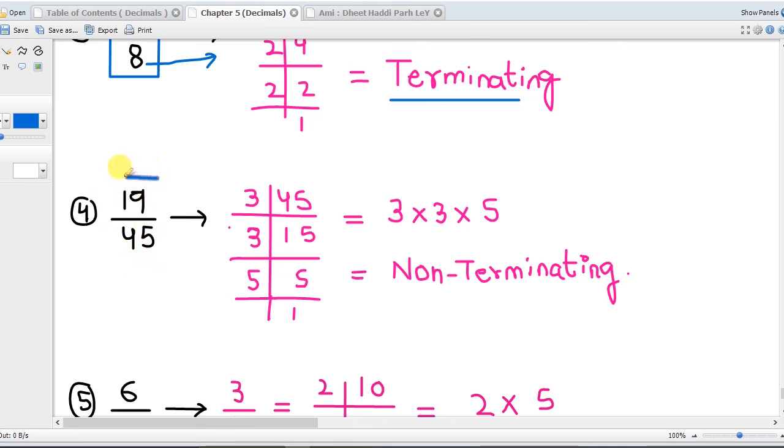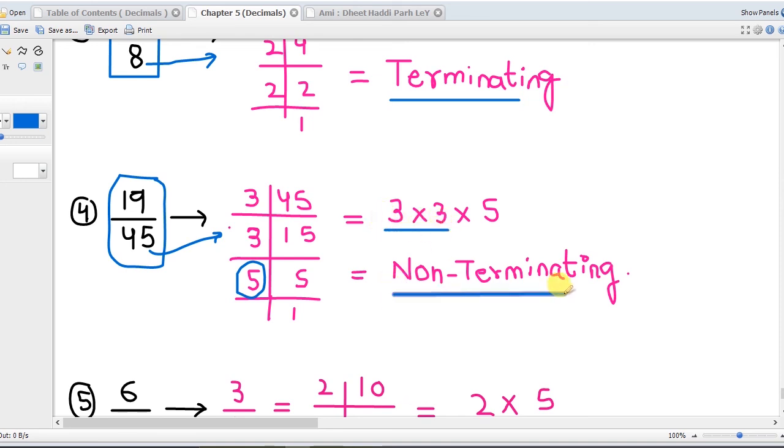Next, 19 over 45. Can this be simplified? No. So start making the factors of your denominator value, which is 45. We are getting 3, 3, 5. So we are getting 5, but we are also getting other values, which are 3 and 3.